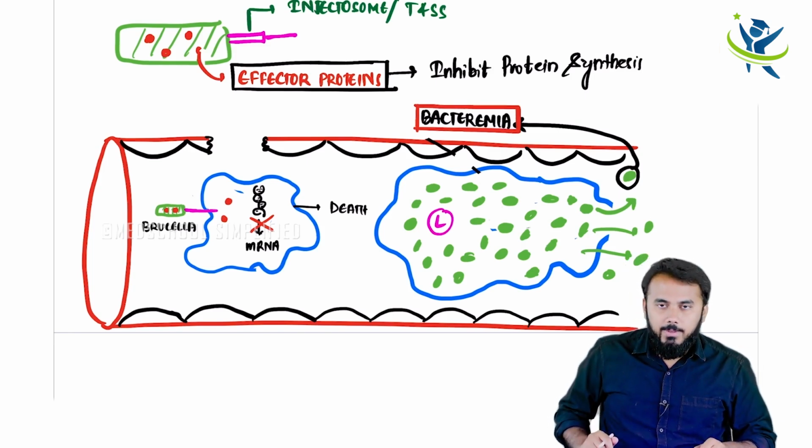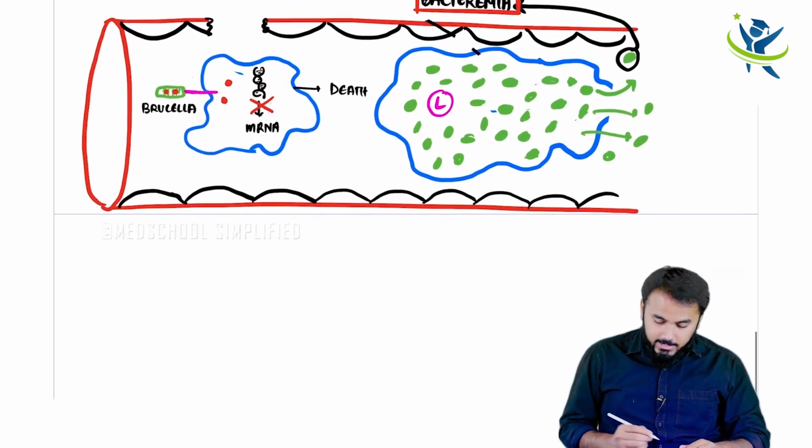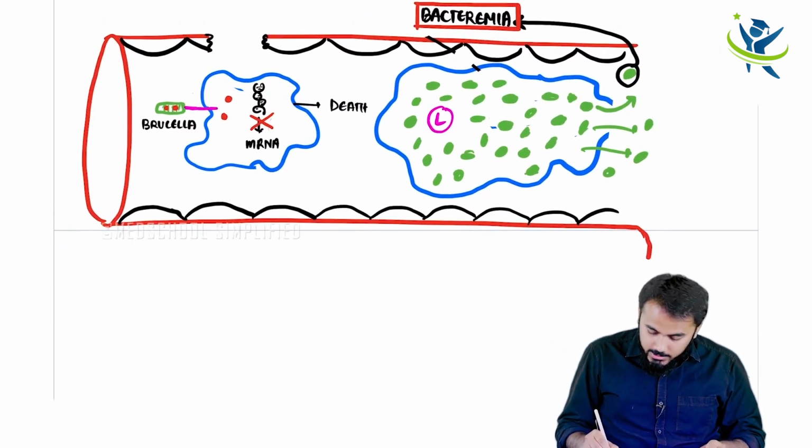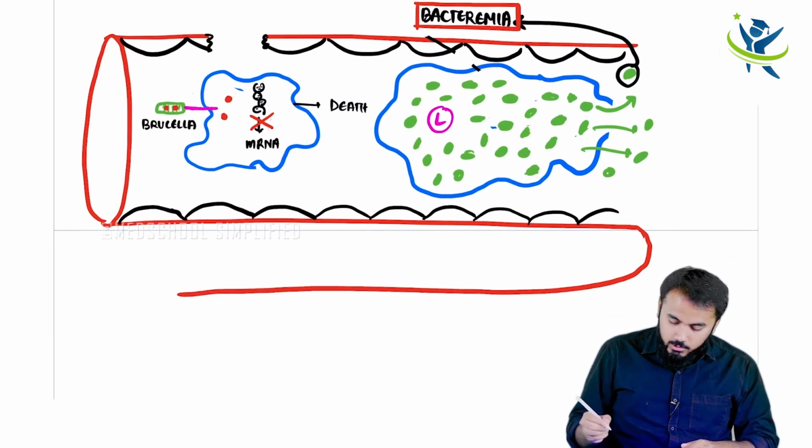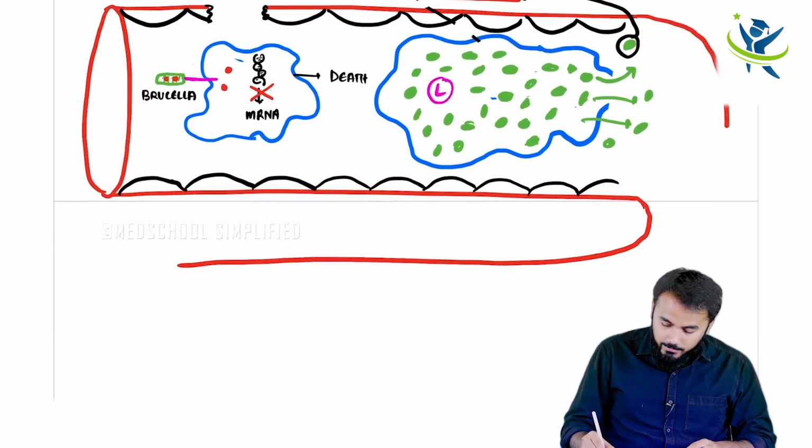Not only is the bacteria within the blood system now, within the vascular system, additional thing, you know what is going to happen? Let me continue the blood vessel here so that you would understand it better.